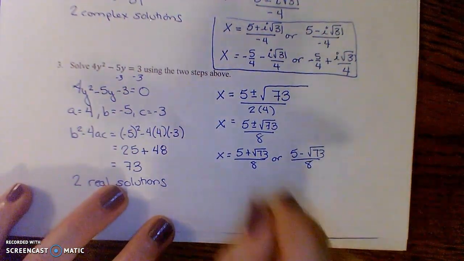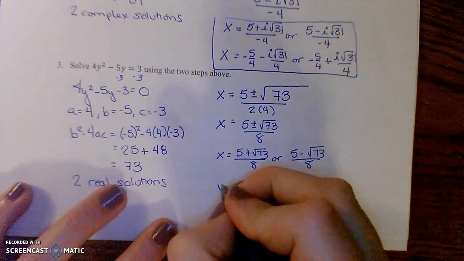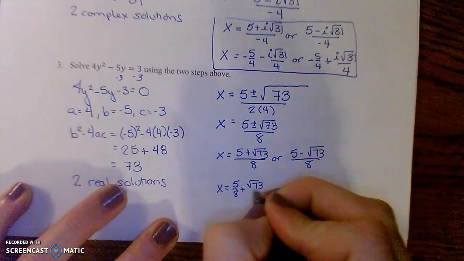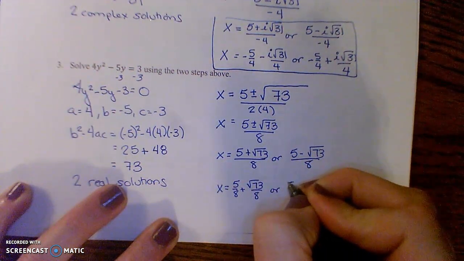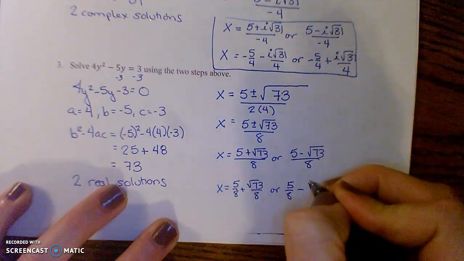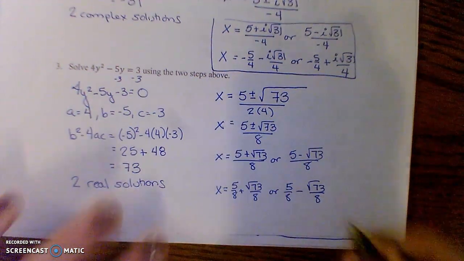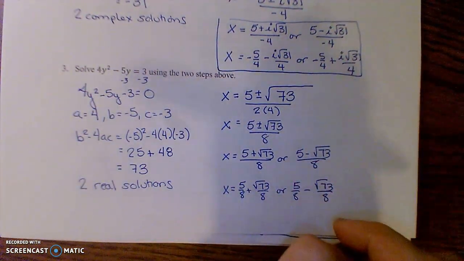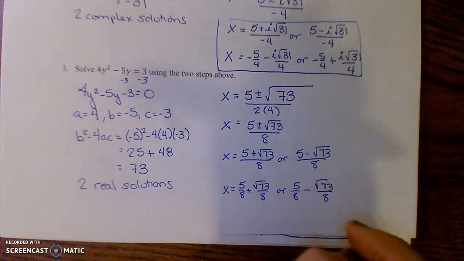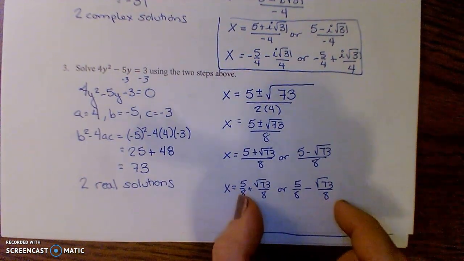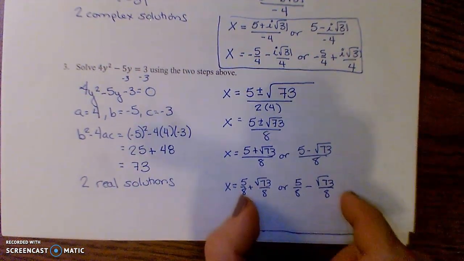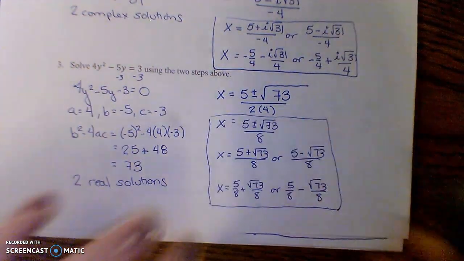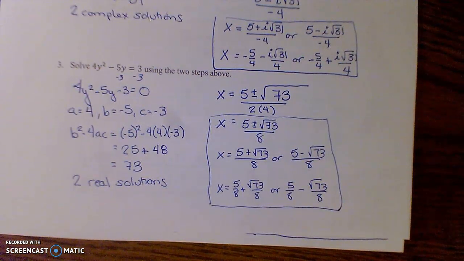Or if you really want to, you can split up those fractions even further. x is 5 over 8 plus root 73 over 8, or 5 over 8 minus root 73 over 8. Again, notice when you have two complex or radical solutions, they will always come in conjugate pairs like so. Okay, so really any one of these solutions is going to be valid.